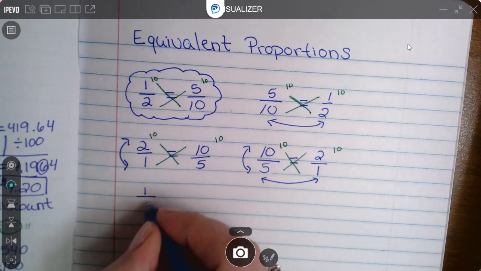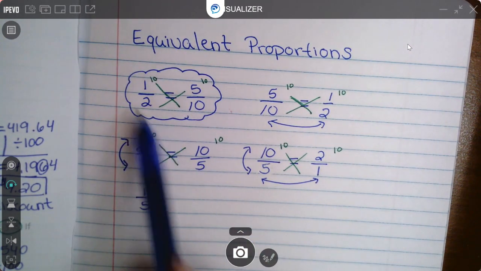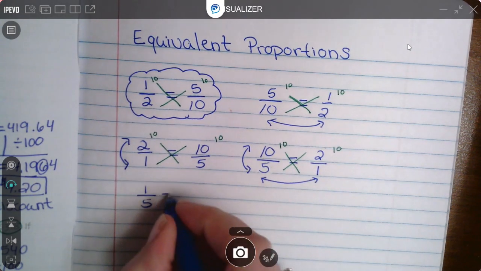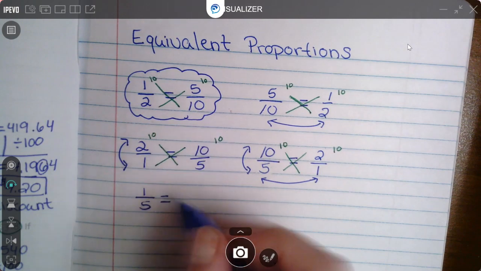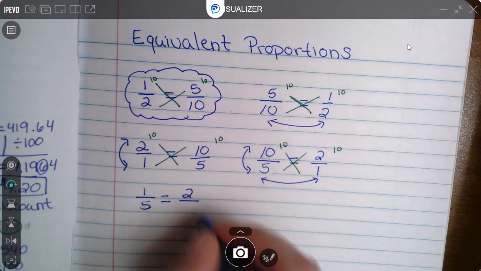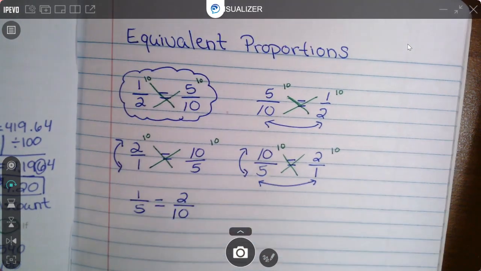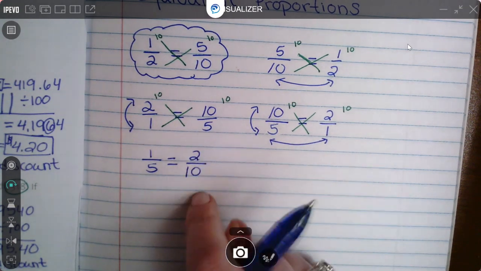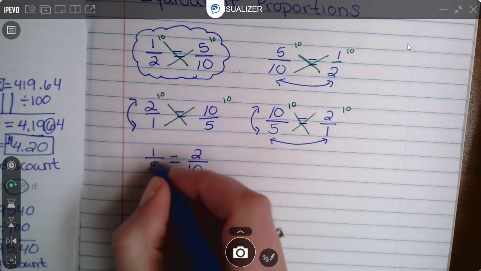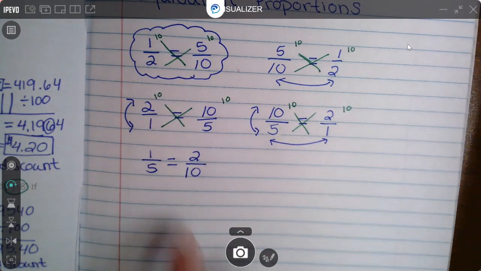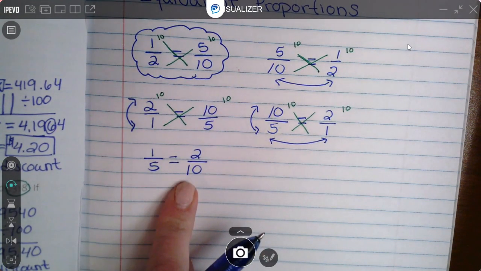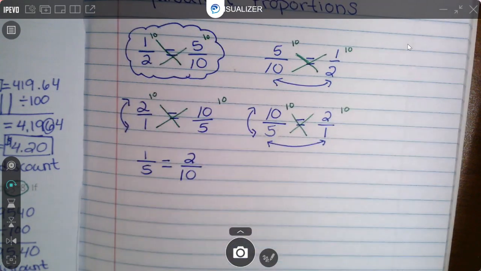So a ratio of 1 to 5, comparing the two numerators, I'm going to say would also be equal to a ratio of 2 to 10. Now, I know that this should make sense because 2/10 does simplify to 1/5. Those are true statements. I'm using these numbers that I had originally, but I am writing them in a different way to also make a true statement.